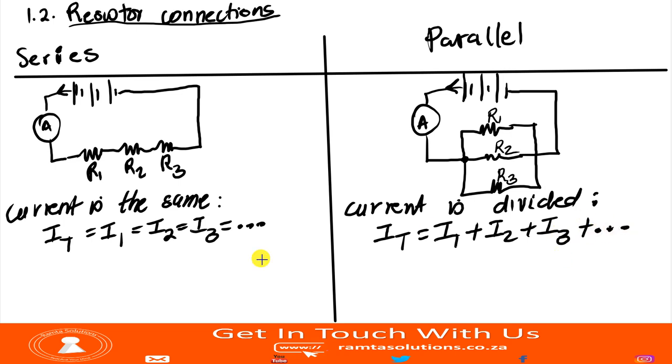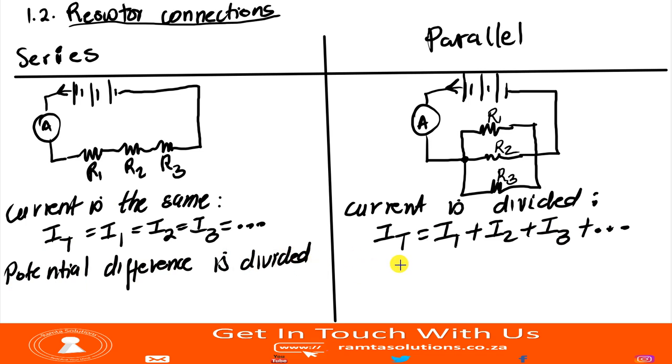Now here we said potential difference is divided. What about here? Potential difference is the same for resistors in parallel.